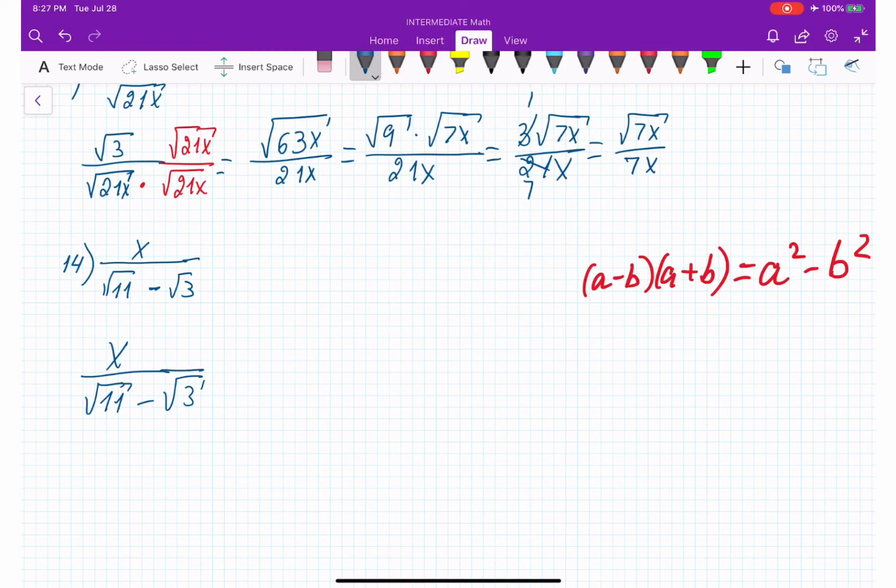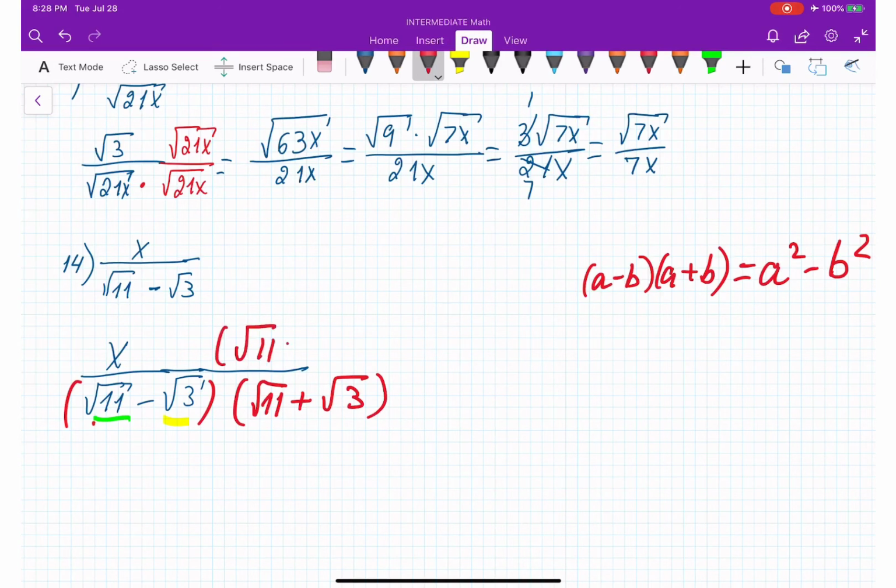So taking parentheses, so we have a minus b. So I'm going to do a plus b now, multiply, which will be square root 11 plus square root 3. And same thing here, square root 11 plus square root 3. And this is going to be equal. This is my a, this is my b.